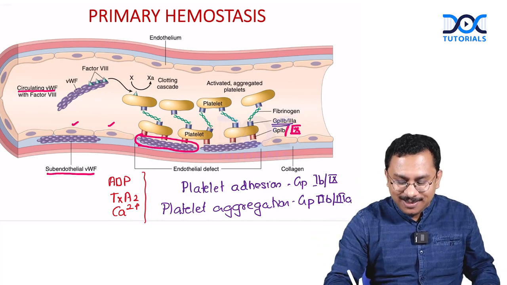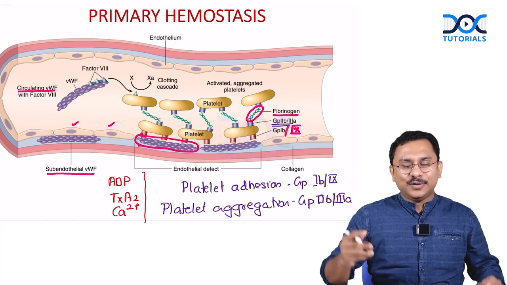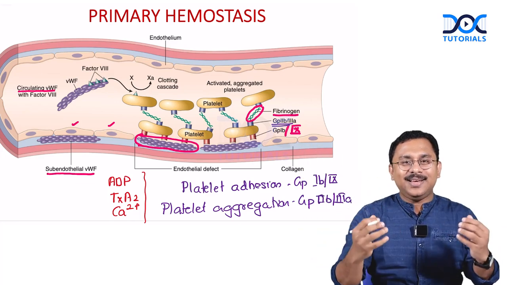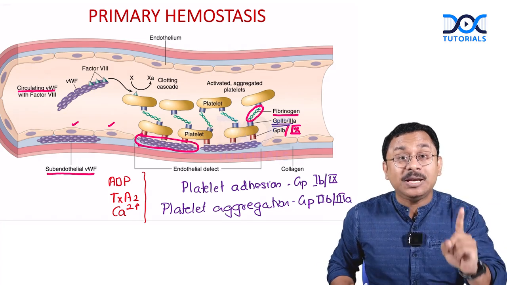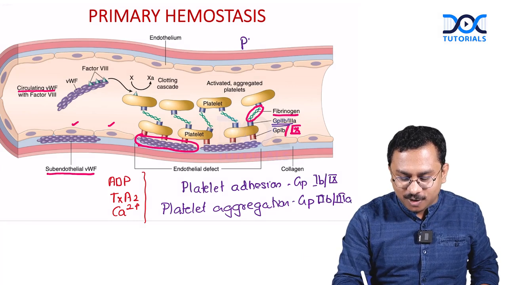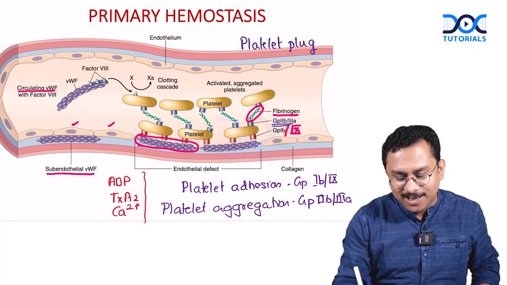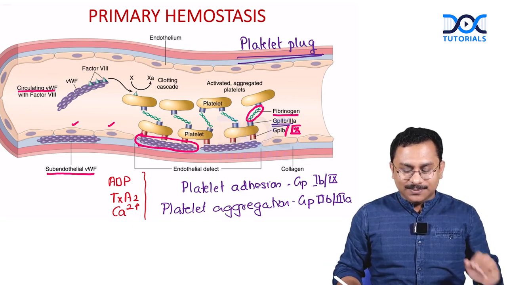And how does this happen? Again, there is another bridge here, which is the fibrinogen. So fibrinogen is bridging adjacent platelets and you are having platelet aggregation happening, and you get a platelet plug because of this. As a result, there is formation of a platelet plug, which is the primary hemostatic plug.